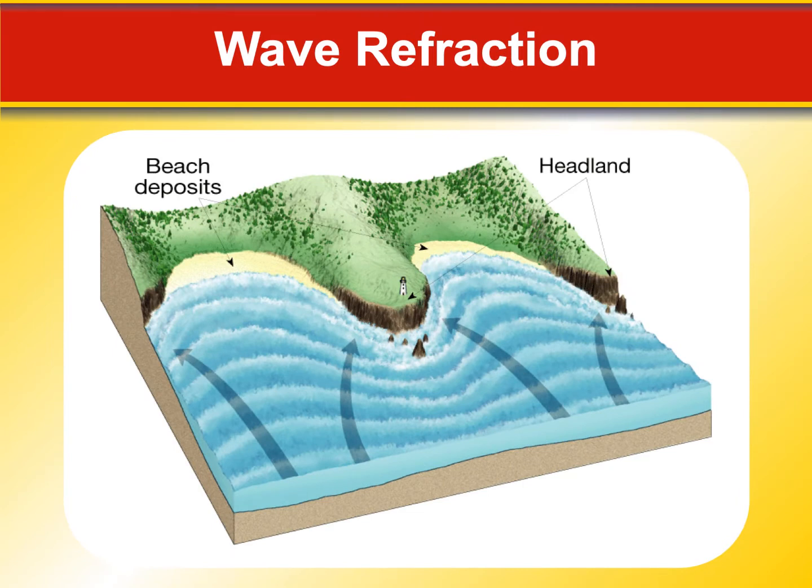That's where active erosion is happening. You can even see some little sea stacks sticking out into the ocean, which used to be part of the land there. The waves have eroded it away. And then all the material that's being deposited is down there in the beach deposition zone, in the interior of the bay itself. That's where material gets put down. So there's less erosion that's happening there.